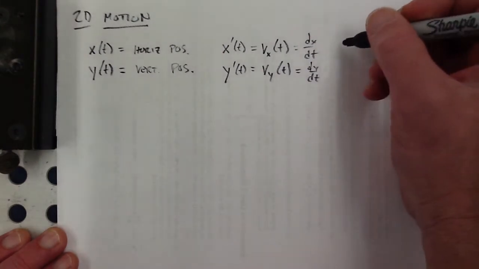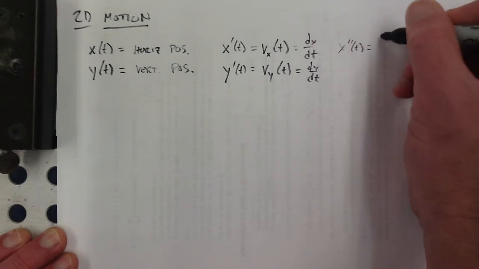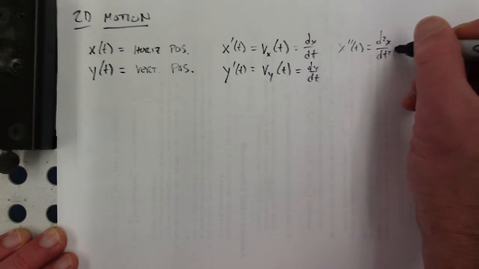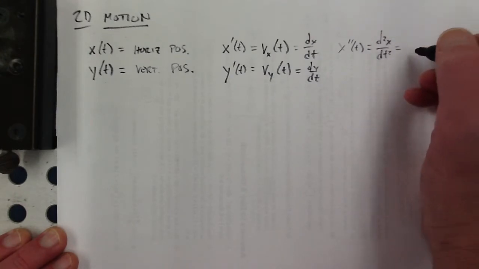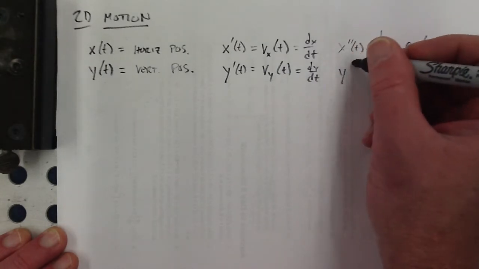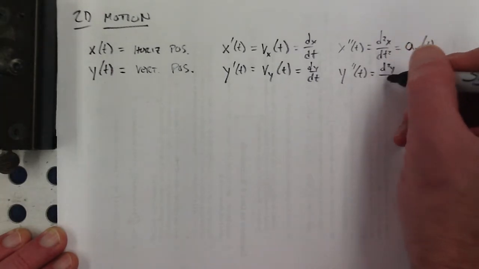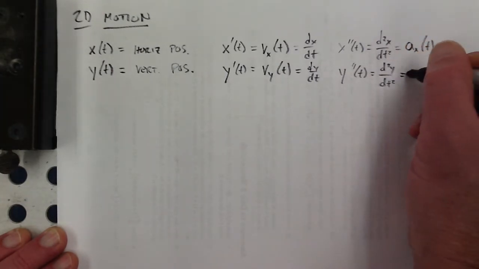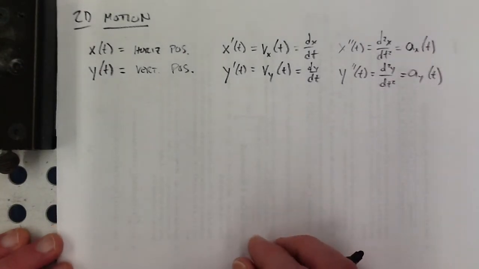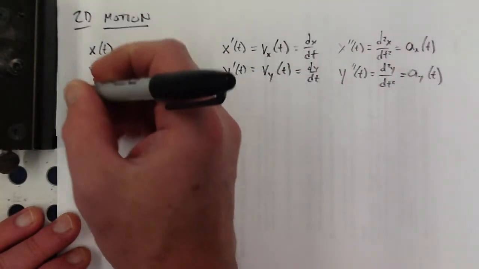If you take the derivative again, that gives you the horizontal component of the acceleration, and likewise for the vertical. So all the calculus stuff that we already know is still a thing.